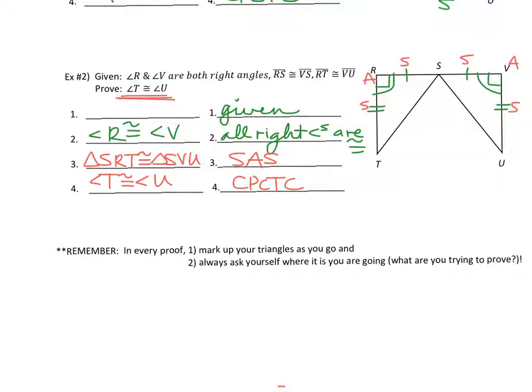So technically right now, I could also say that ST is congruent to SU by CPCTC. Or I could say that angle RST is congruent to angle VSU by CPCTC. So there's a lot of things that we could say are true by CPCTC.